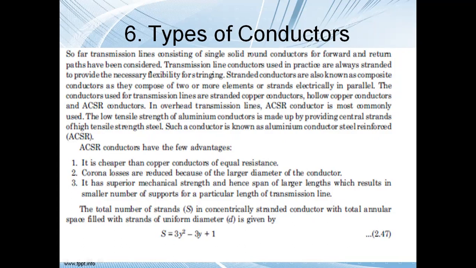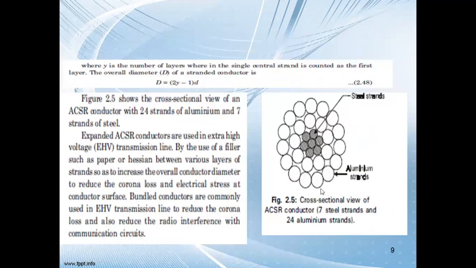How does this ACSR conductor look? Normally we have a 24x7 ACSR conductor. Sometimes questions come, what do you mean by 24x7 ACSR conductor? We have to understand there are 24 strands surrounding these steel strands.